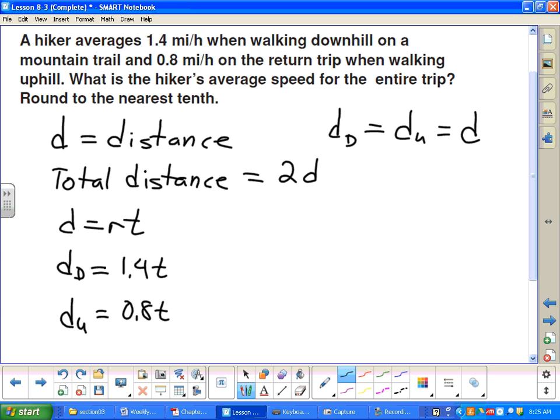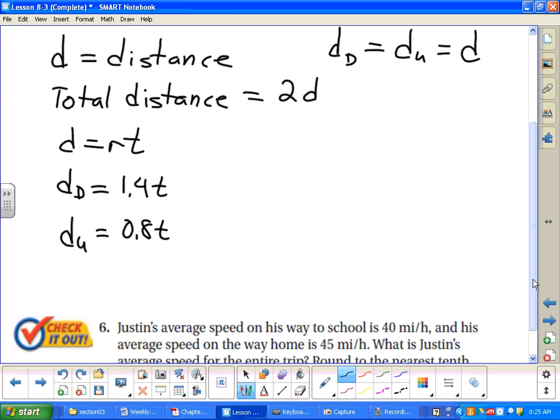Well, what we need to find out is their total amount of time they traveled, right? Because to be able to find their average speed, we need to know their total distance and total time. So the time here for downhill is equal to D divided by 1.4.